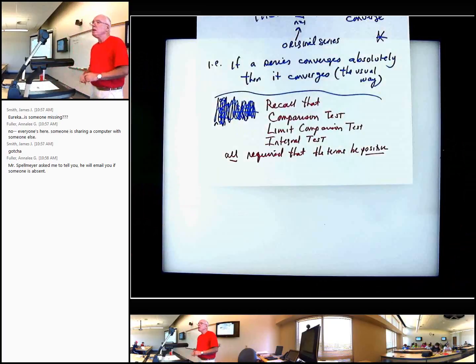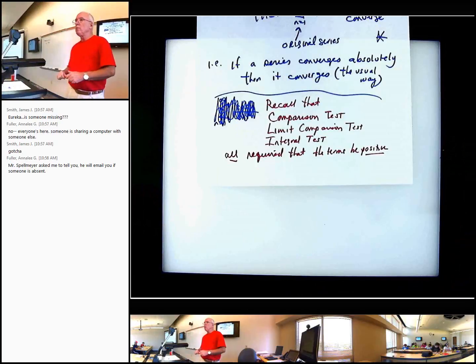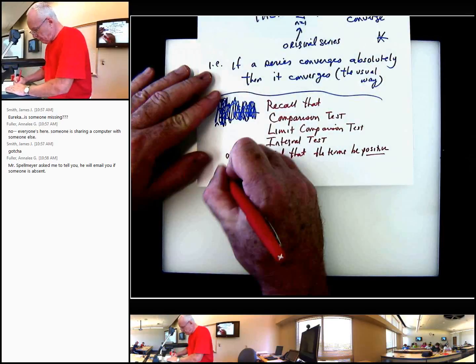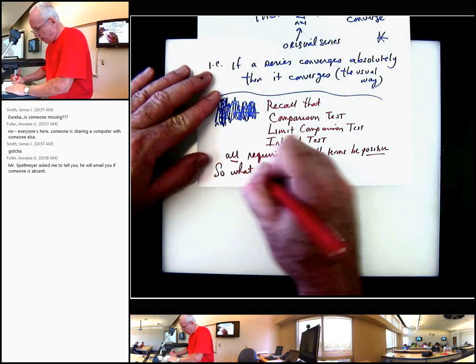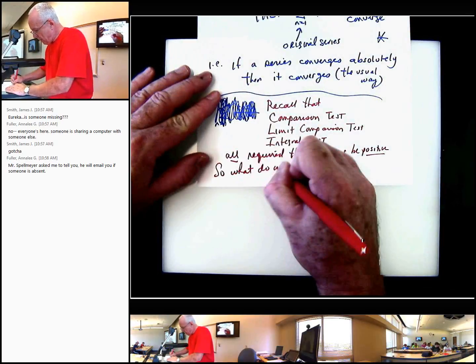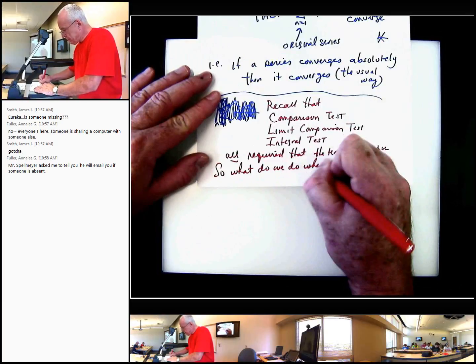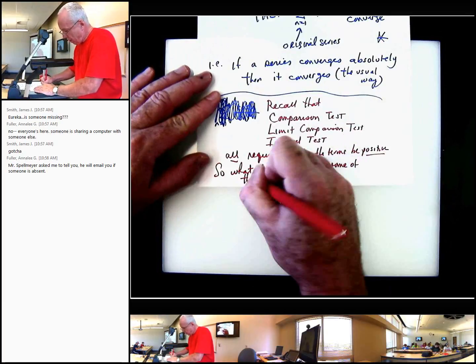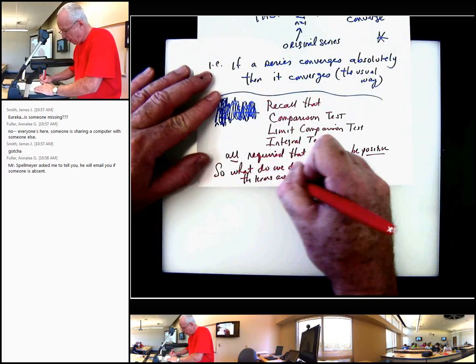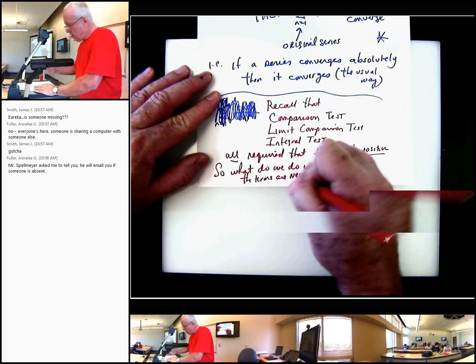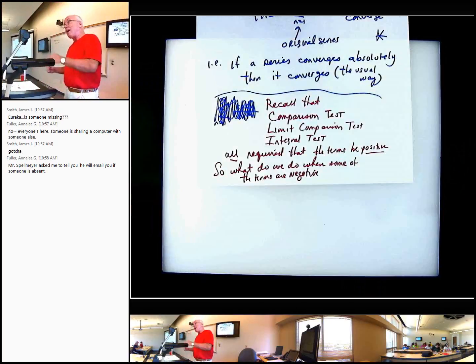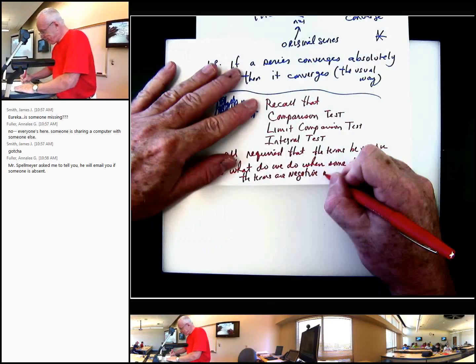All right. So what do we do when we have a series in which some of the terms are going to turn out to be negative, and it's not an alternating series?